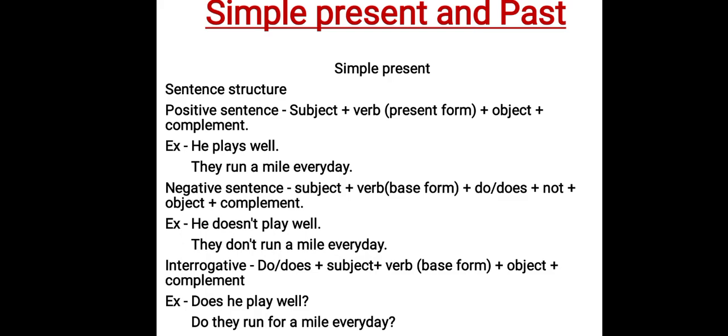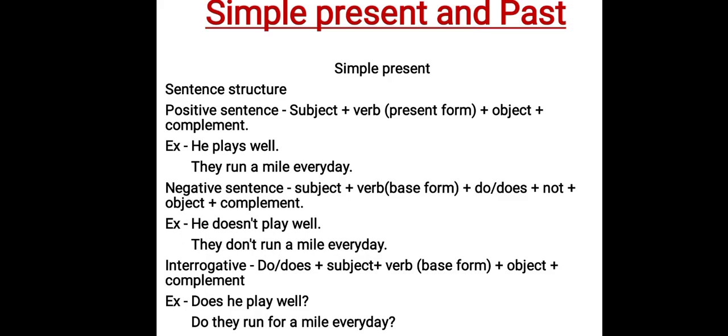Here you need to remember when we use do, when we use does. So do is used with first person singular and plural, and third person plural and second person singular plural both.